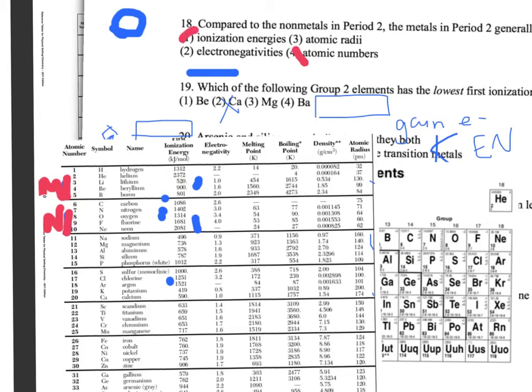Now we'll look at electronegativity. So the metal electronegativities are smaller than the nonmetal electronegativity, and so we're left with atomic radius. So when we look at the atomic radii, we see that the metals here have much larger atomic radii than the nonmetals. So atomic radii is our best choice.